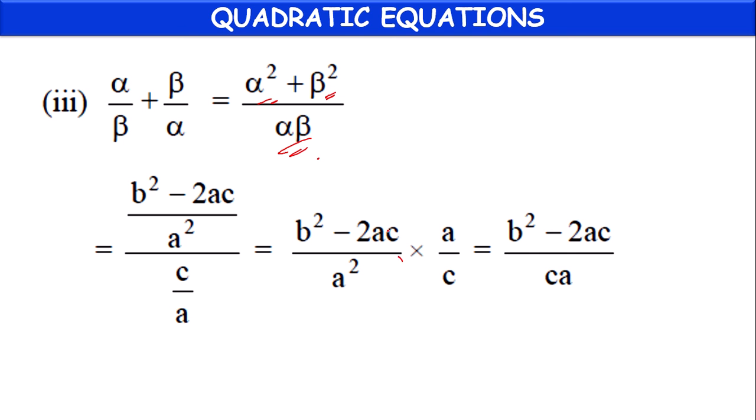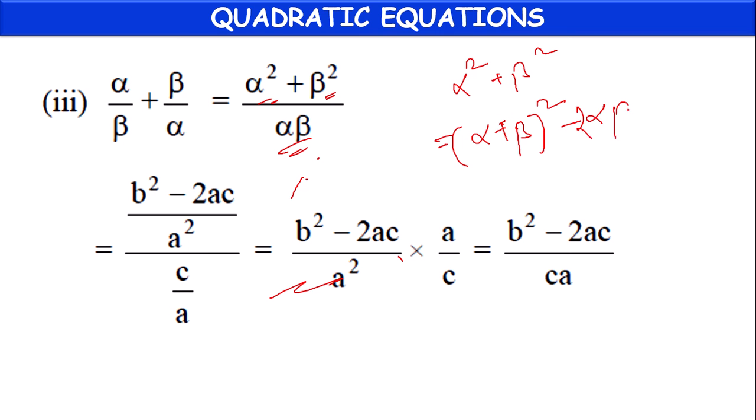Alpha square plus beta square. One minute, children. There is a problem with the pen. Alpha square plus beta square can be written as alpha plus beta whole square minus 2 alpha beta, where alpha plus beta we already know is minus b by a, whole square, minus alpha beta value c by a.